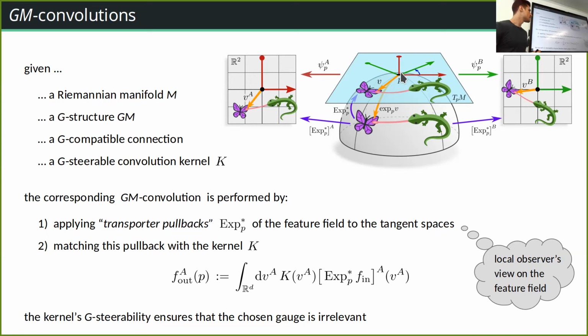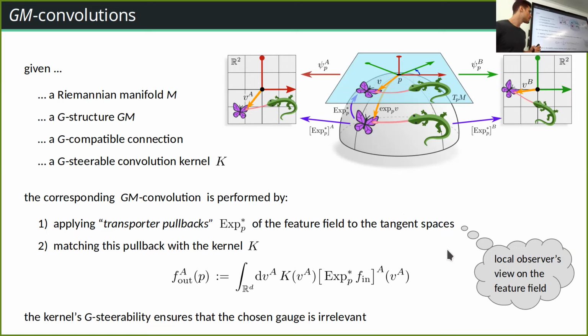And this is basically going in the direction of v with the distance of v, which runs down here, takes this feature vector value and attaches it up here at this point v. But as I said, these feature vectors at different points on the manifold live in a different space. So we still need to bring it into this feature vector space at P. And we do this by parallel transporting this feature vector along this geodesic of the exponential map back to P. And this operation mapping from the manifold to the tangent space is what I call a transporter pullback.